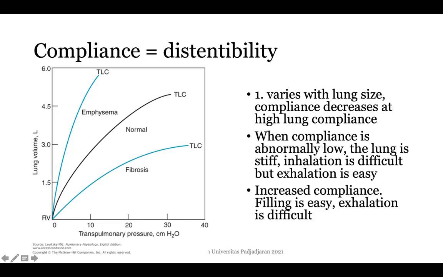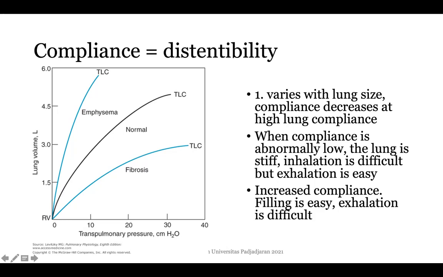Compliance is how easily it can open, but recoil is how easily it can shrink again, and they're inversely proportional. So if compliance increases, recoil will decrease, and vice versa. In the normal lung, you get a medium amount of compliance and a medium amount of recoil.